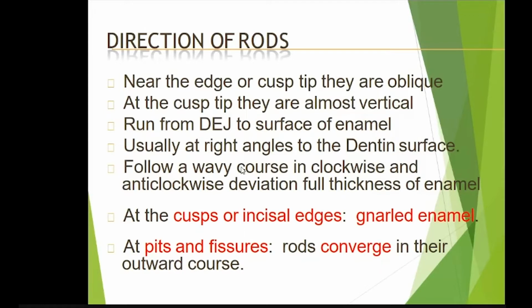They follow a wavy course in clockwise and anti-clockwise deviation through the thickness of the enamel. At the cusp or incisal edge, gnarled enamel. At pits and fissures, rods converge in their outward course.